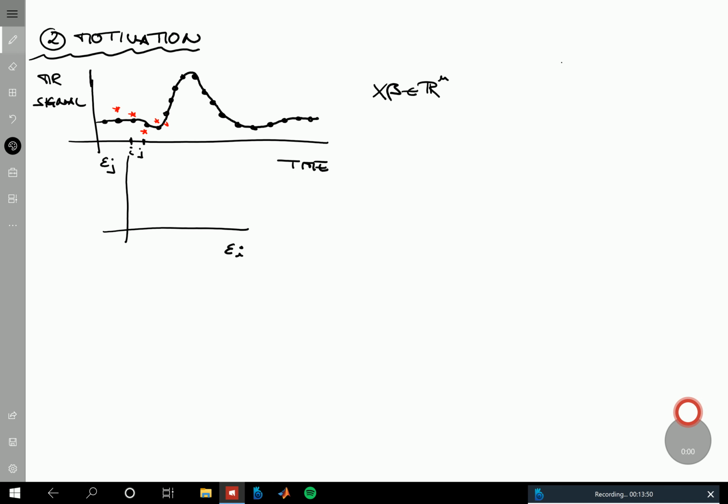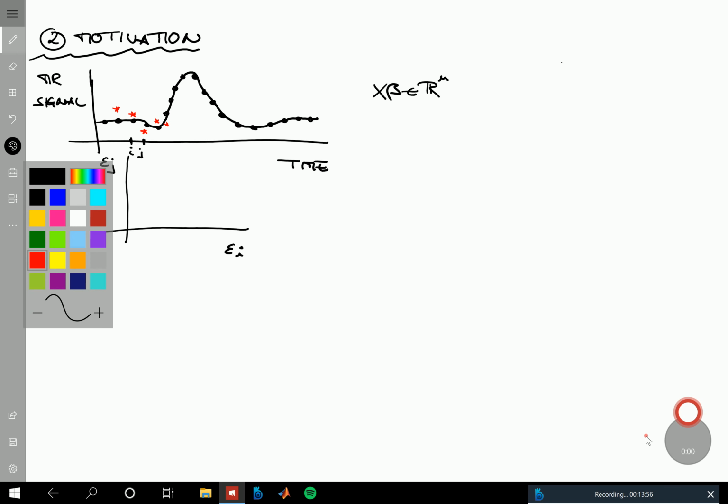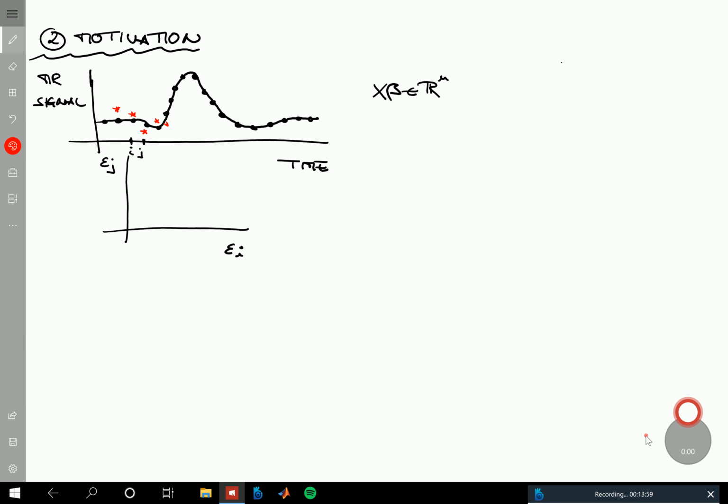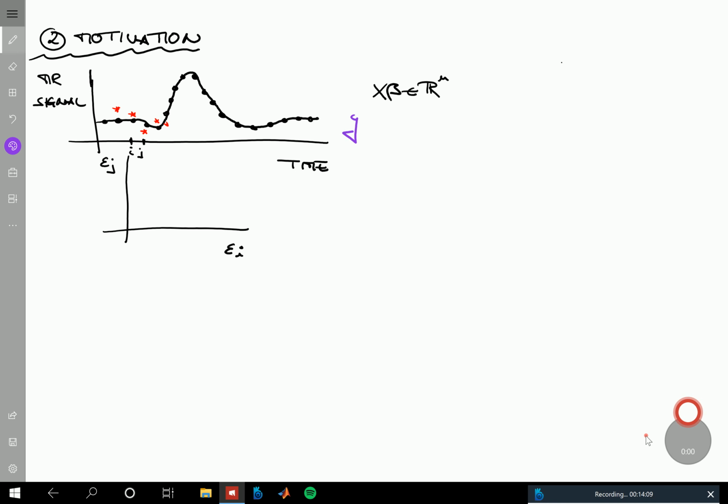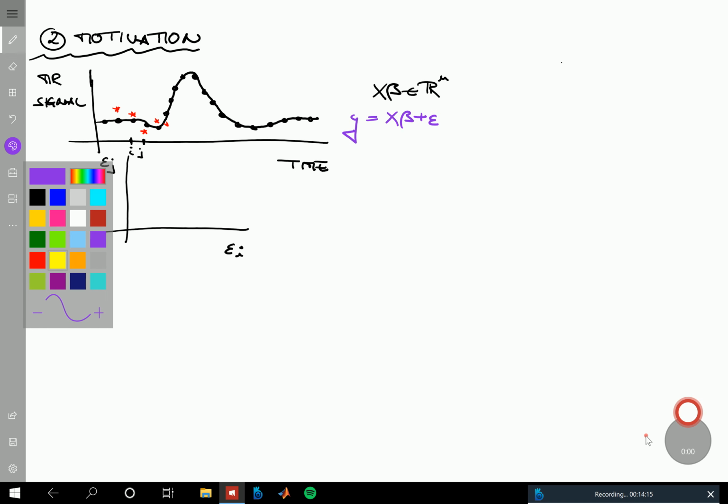Now if you again think about the frequentist intuition of the GLM, we can sample observed time series here, our y's, y being X beta plus epsilon, many times, which corresponds to sampling errors many times.